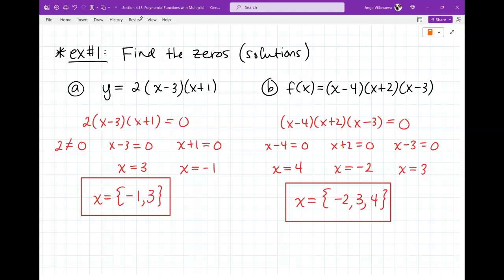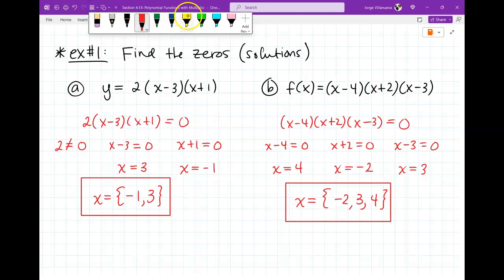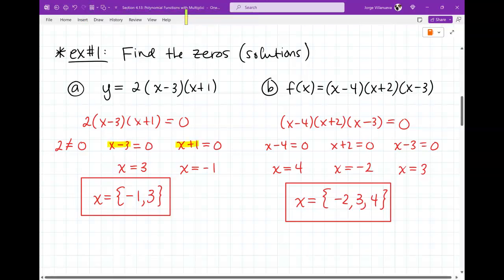Well, notice I was able to solve this one right here and this one right here. They came from here. And what are the powers on the outside of the parentheses for x minus 3? Is there a power? Well, there isn't, but there is. What's the number? 1. And that's odd, right? 1 is odd. So we say it has odd multiplicity of 1.